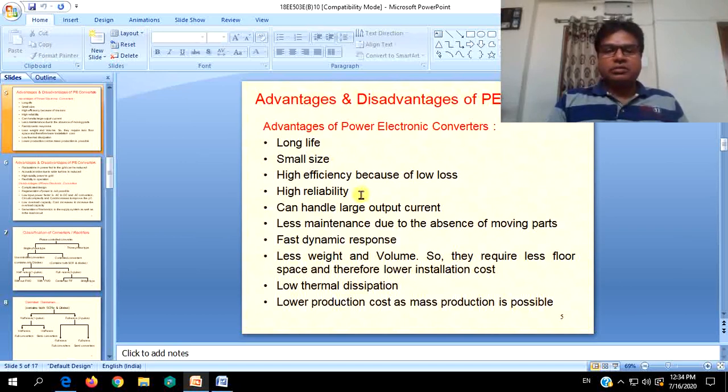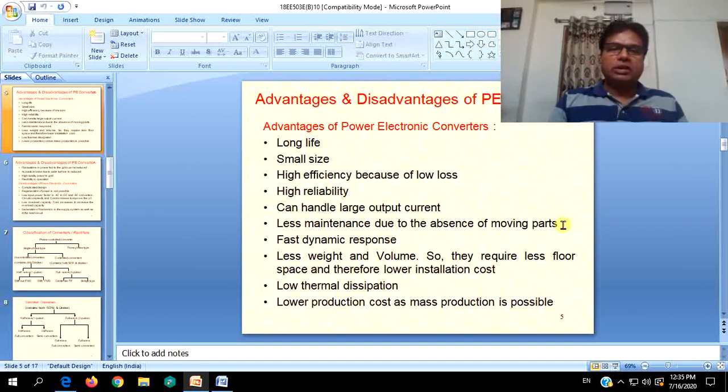The other electrical machinery, electrical equipment cannot be used for high frequency of switching. They can handle large output current. Yes, technology has been advanced so that you can design and manufacture all the power electronic devices to handle large output current. Less maintenance due to the absence of moving parts, no mechanical moving parts. So obviously maintenance will be less, friction and wind losses will be less.